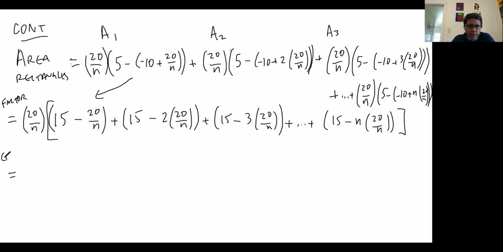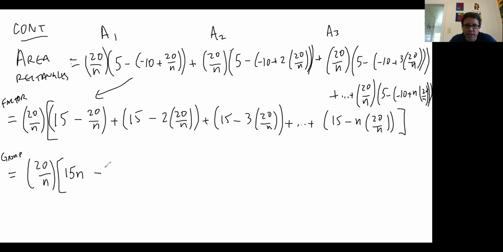Now if I group here, put all the 15s together. So I got 15 plus 15 plus 15 plus 15 plus 15 plus 15. How many 15s do I have? Well, I've got 1 for each one, and I've got n of them. So if I put all the 15s together, I'll have n copies of 15, which is just 15 times n. Now, dealing with the other one, every single one of these things has a negative 20 over n.